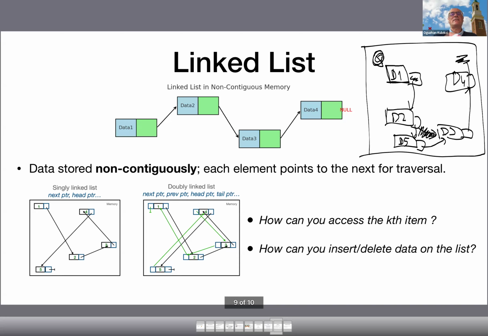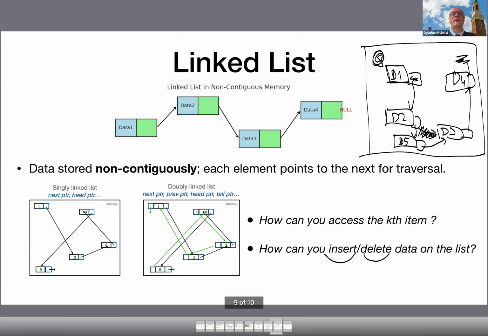If you would like to access the kth item, you have to follow the previous k-1 links. On the other hand, if you are maintaining your data with a linked list, then you can make insertions and deletions a lot easier.